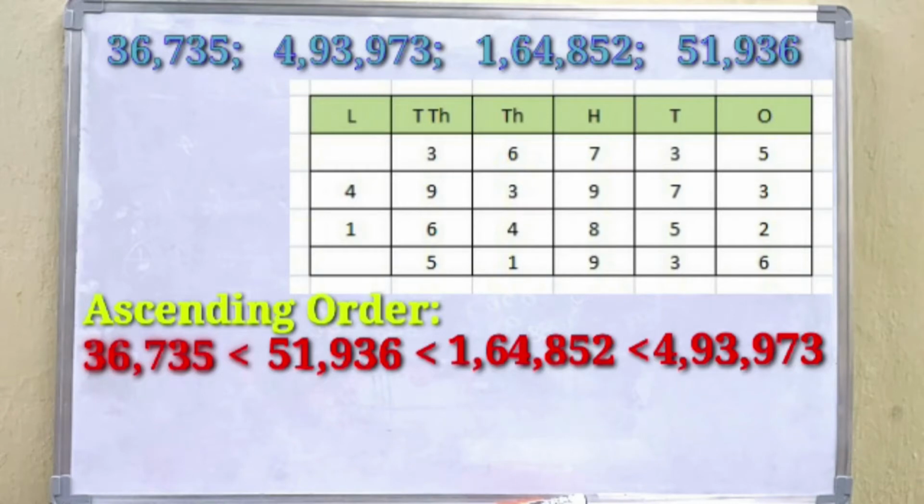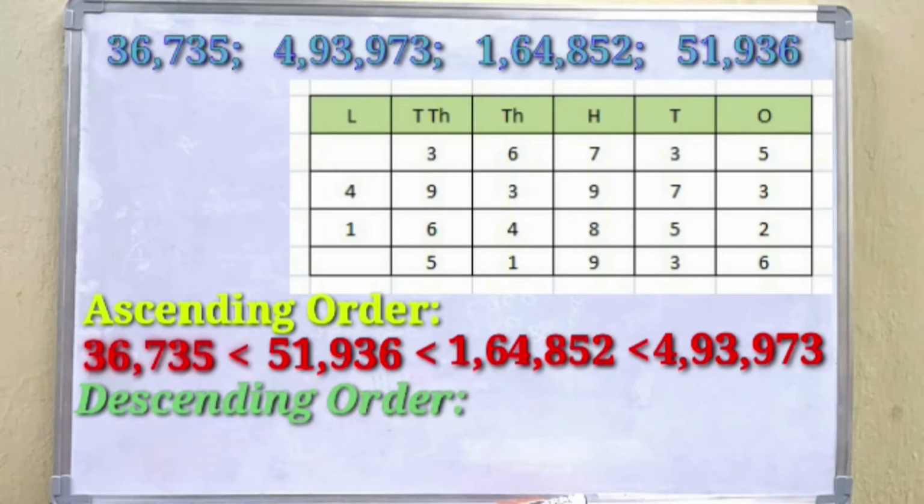If we go for the descending order, what is the descending order? From bigger number to smaller number. That means we can directly reverse this ascending order. Ascending order means small to big. If we write this order in reverse, it will become descending order.